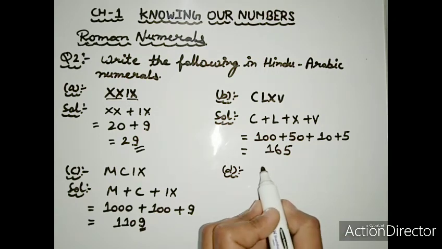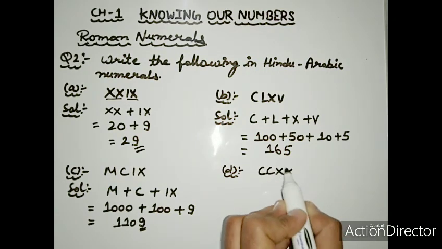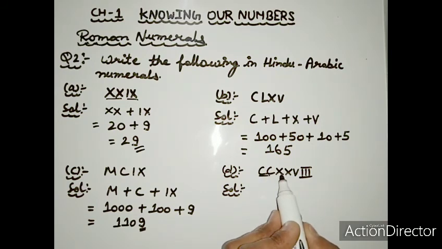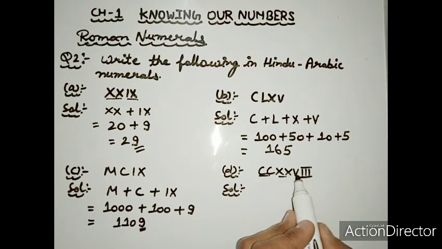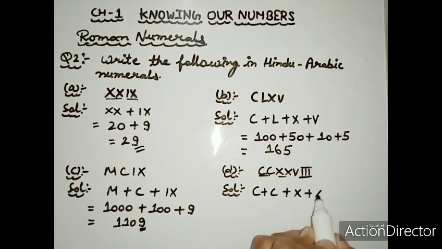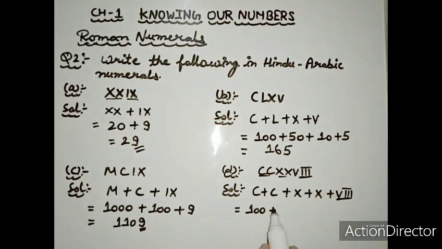Now the D part of this question. Here we write the number CCXXV and 3 times I. Now here first we separate these numbers like CC and XX, then V and triple I, like C plus C plus X plus X plus V and triple I. So 100 plus 100 plus 10 plus 10 plus V and triple I, meaning 5, 6, 7, 8. 8 here.